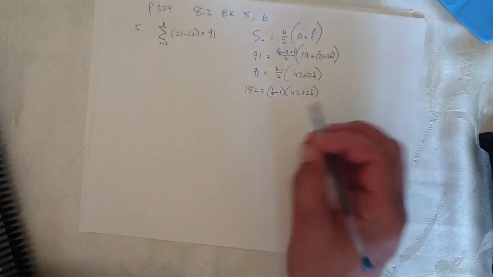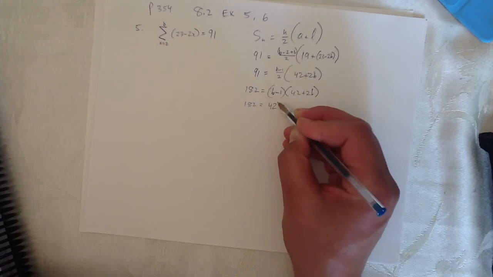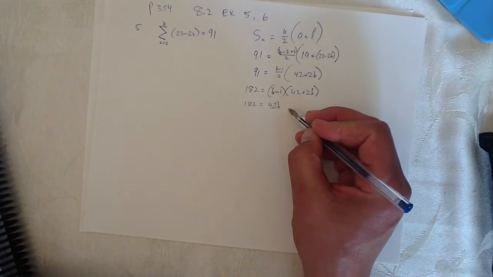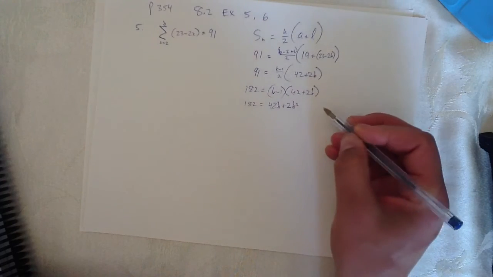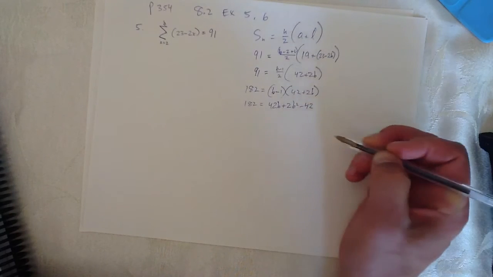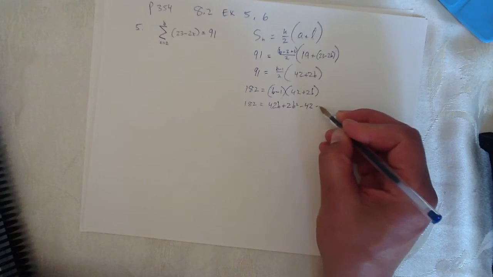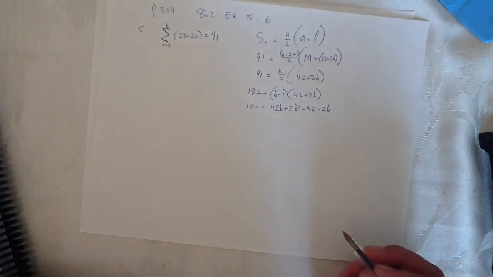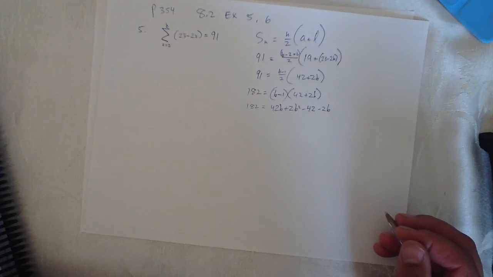We can FOIL this together, and 182 now equals 42b first. Outside is minus 2b squared. Inside minus 42. Last plus 2b. Make sure we got that right here.